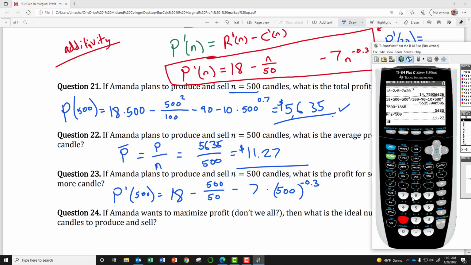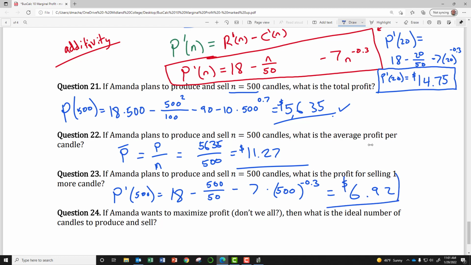So here we go, 18 minus 500 over 50 is just 10, minus 7 times 500 to the power negative 0.3. Let's see what we did wrong here. Negative 0.3. Does that help? Yeah, perfect. Okay. So this is 6.92.